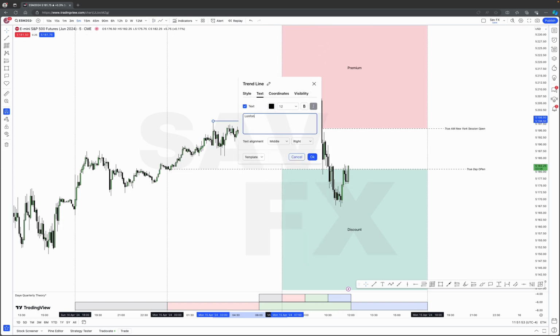So you can say the London buy side liquidity.